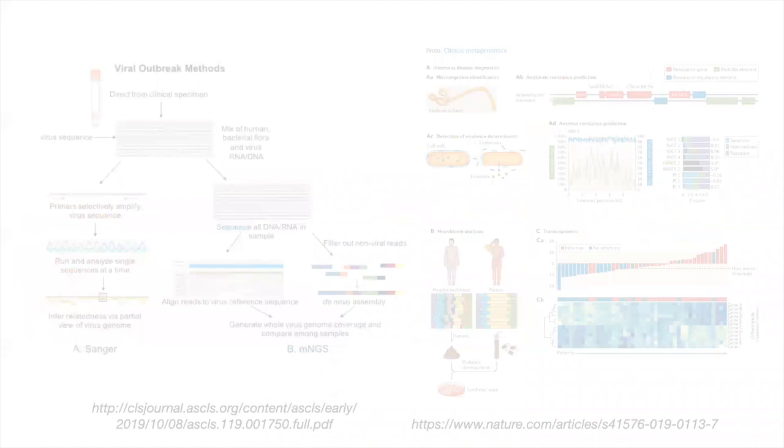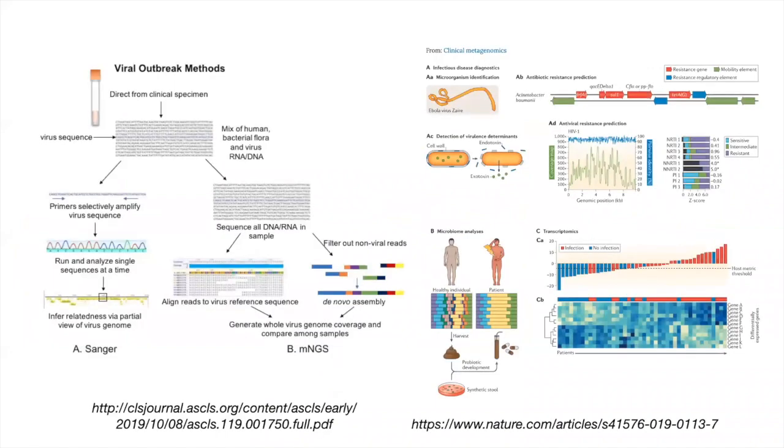So here we have two examples, viral outbreak methods, and here we have what's called viral metagenomics or clinical metagenomics. So this is an example where from the same biological sample, you can actually prepare a full sequence, a consensus sequence of what we expect to find.